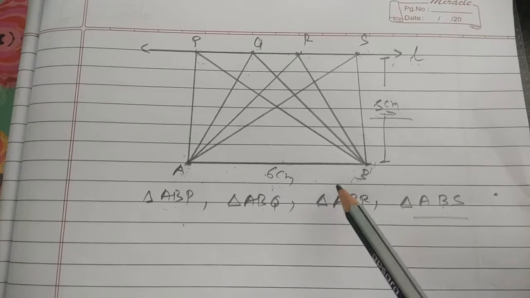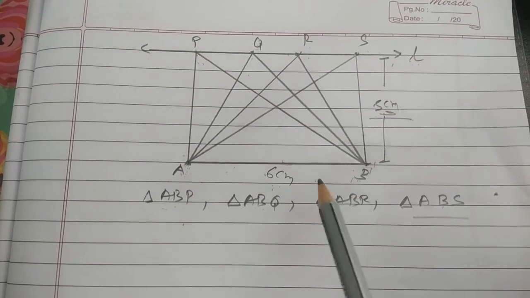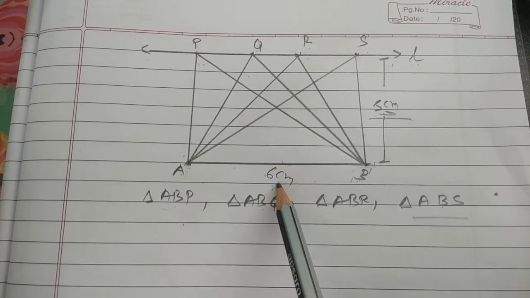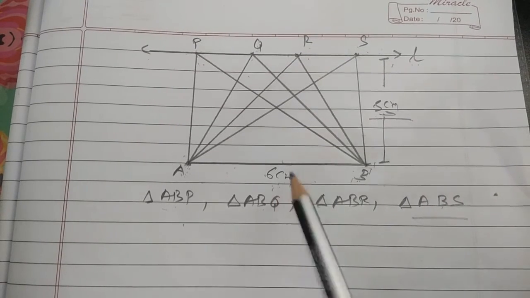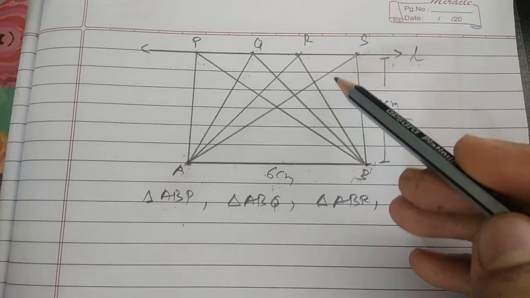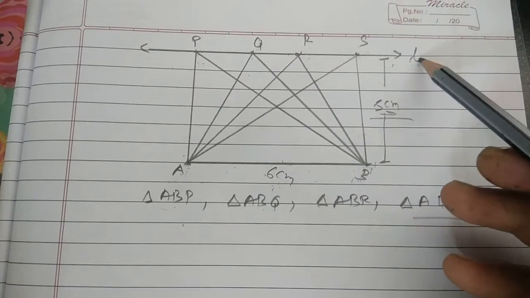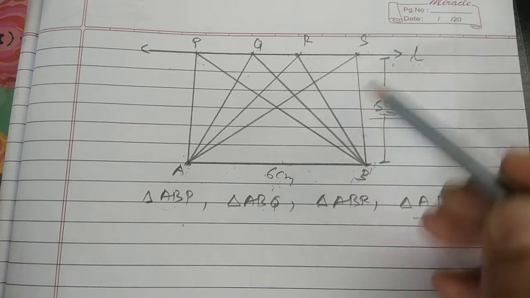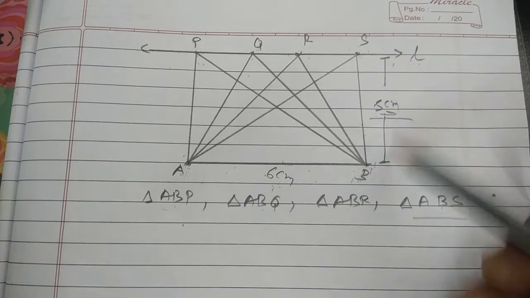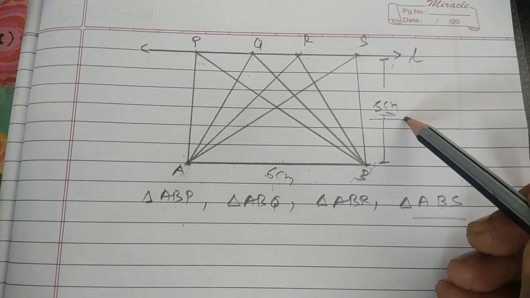We will take one more example. Here we have to draw line segment AB of 6 cm, and from that line segment we will draw a parallel line L. Between this parallel line L and AB, the length is 5 cm.